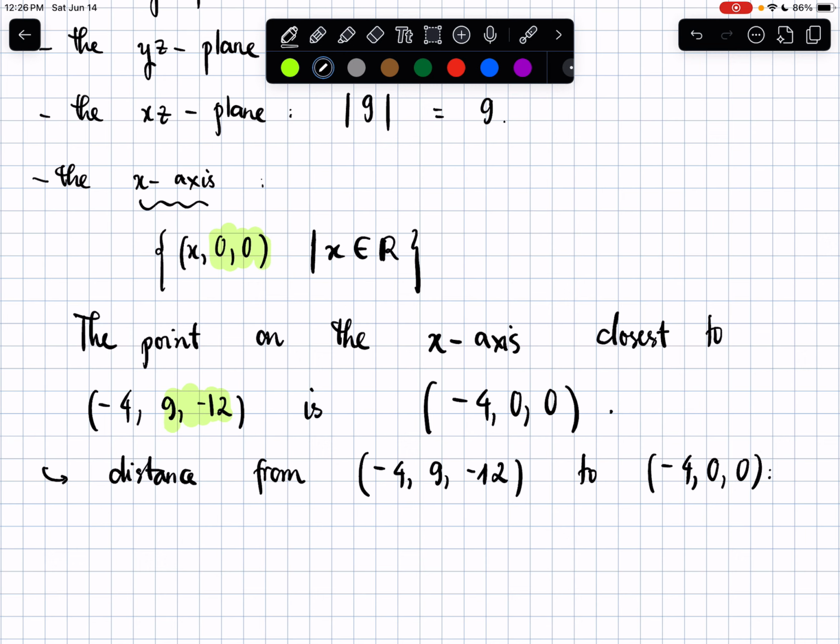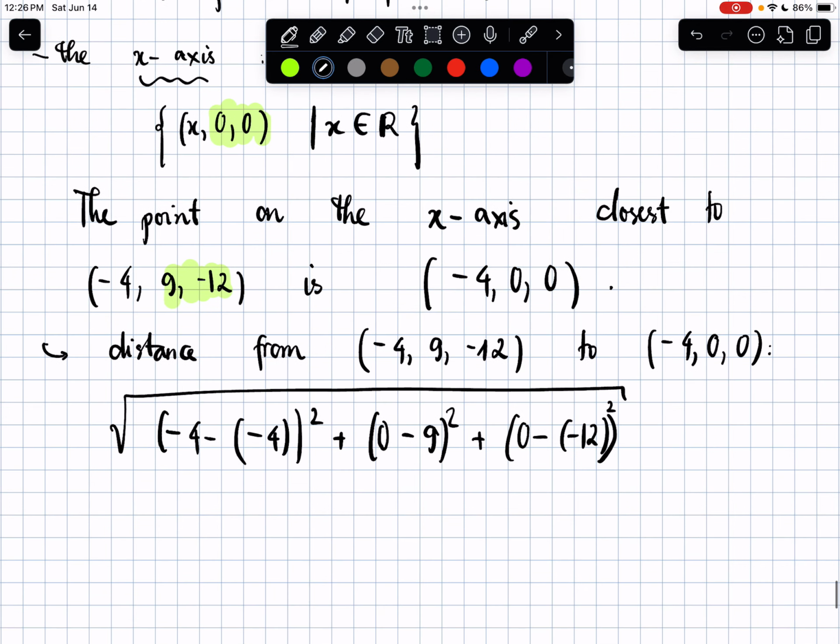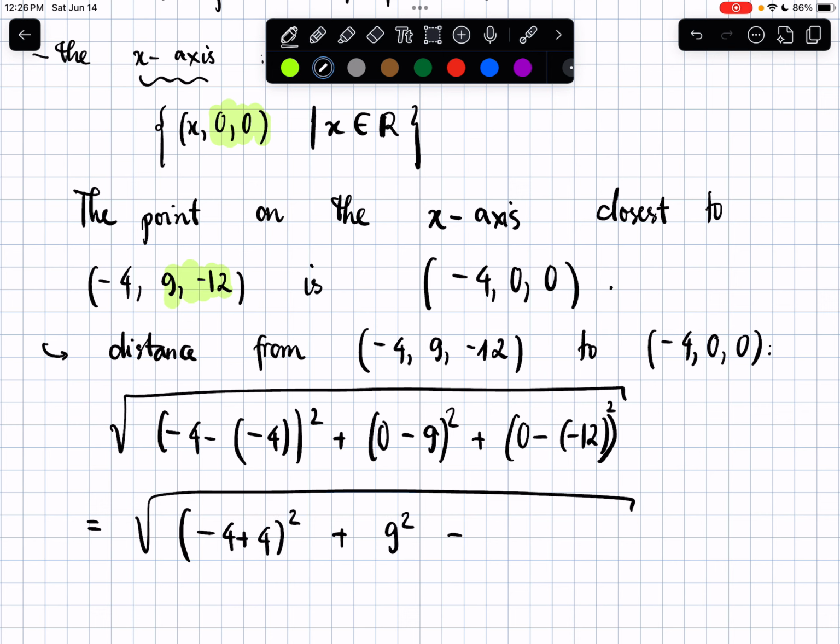This is the distance from this point to the x-axis, which is the square root of (-4 minus -4) squared plus (0 minus 9) squared plus (0 minus -12) squared. This is (-4 plus 4) squared plus 9 squared plus 12 squared.